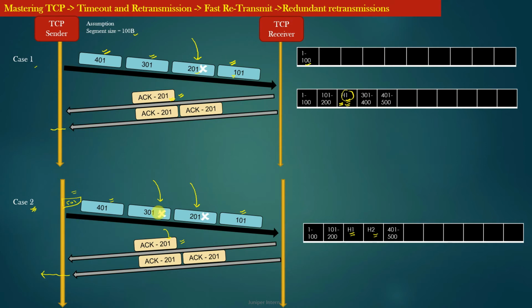The TCP sender has no information about how many segments have been lost in the network. The reception of ACK 201 only tells the TCP sender that the TCP receiver has successfully received bytes from sequence number 0 to 200 only. It doesn't say what the status is of bytes beyond that onwards.